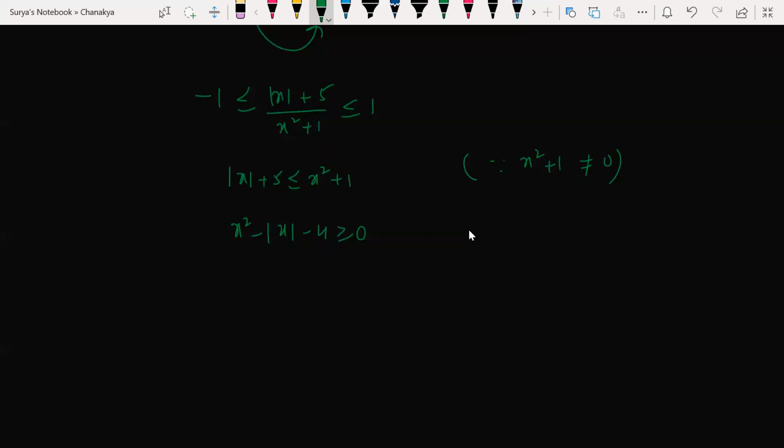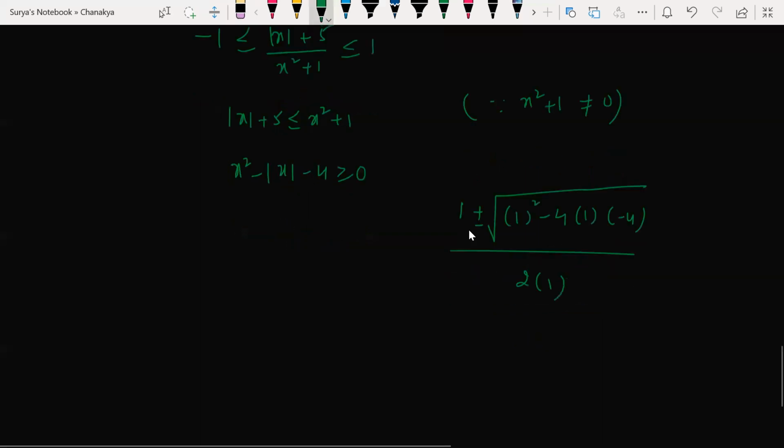So factorize this: −b plus or minus the square root of b² − 4ac, divided by 2a. Clear? So 1 plus or minus the square root of 1 + 16, by 2.